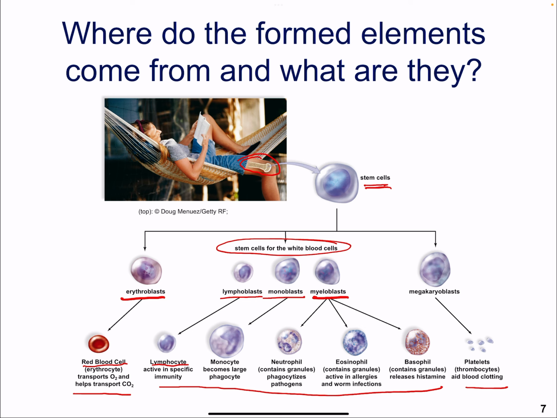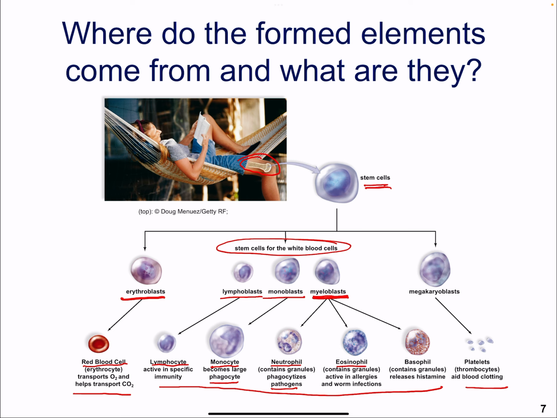while the monoblasts are going to differentiate into monocytes that, when activated, become macrophages. These macrophages are responsible for engulfing foreign particles, including bacteria and viruses. Then the myeloblasts are going to differentiate into different kinds of cells, including neutrophils, whose job is to engulf foreign particles, including bacterial pathogens and viruses.